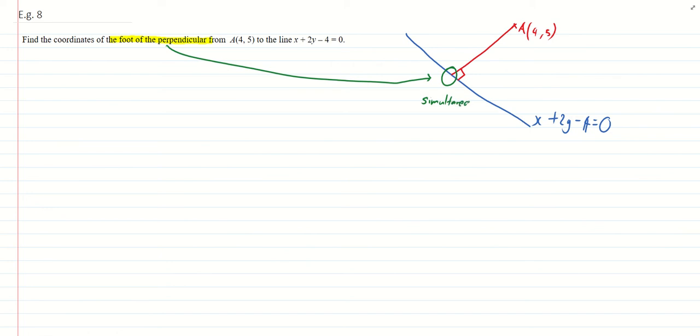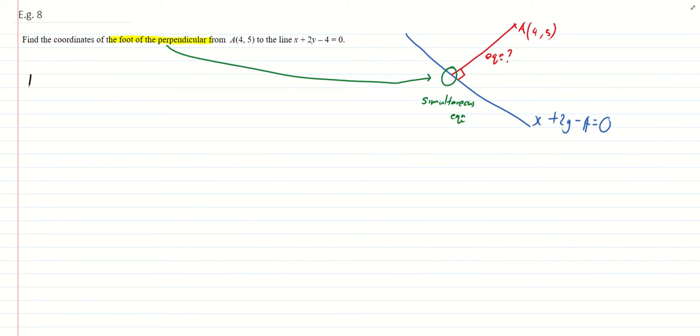But before we solve a simultaneous equation, I need to find the equation of this line here. So what we can do is let these coordinates be B so that it's easier for us to present our working. So let's start with that first.